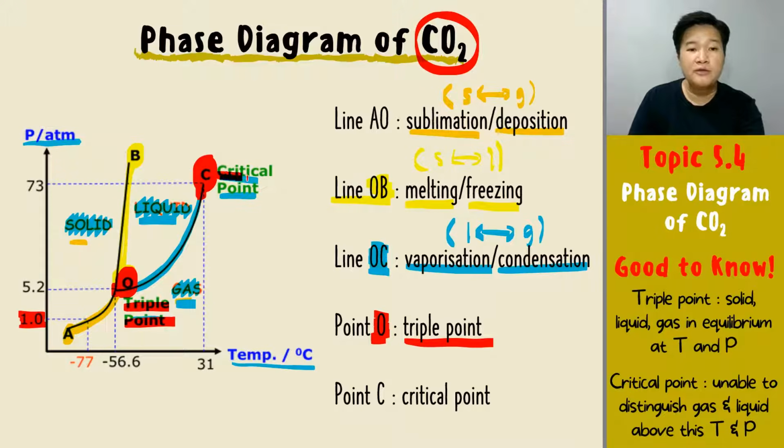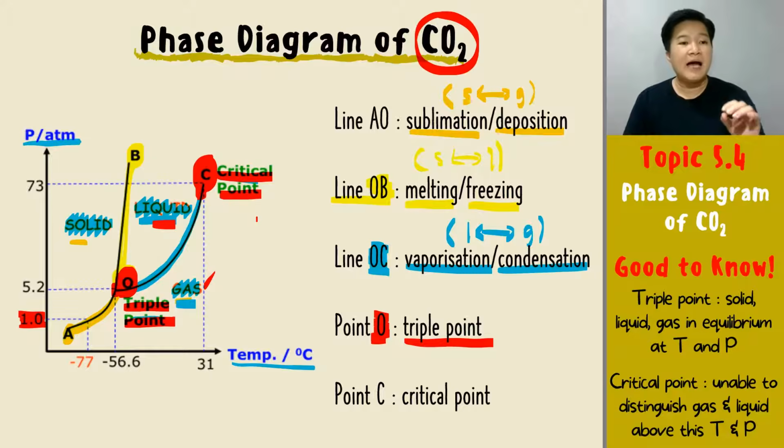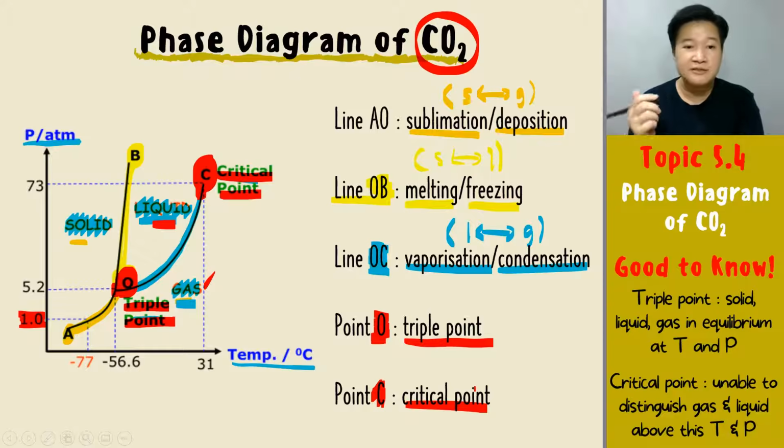So the critical point is sitting between your liquid and your gas, where that is the maximum temperature and pressure at which we can differentiate liquid and gas. Any temperature or pressure above your critical point, we cannot distinguish liquid and gas. So that is your point C, critical point. That is the 5 basic things that you need to know about a phase diagram of carbon dioxide.